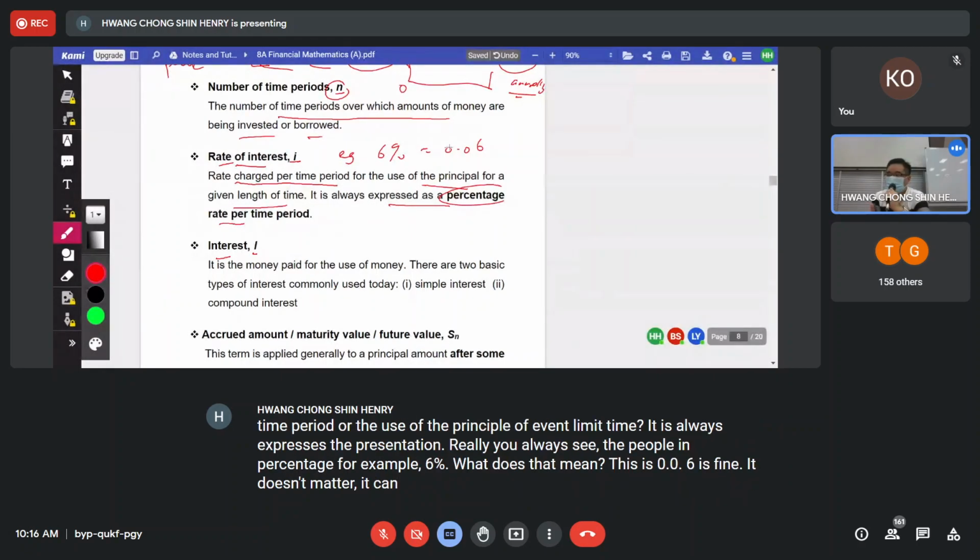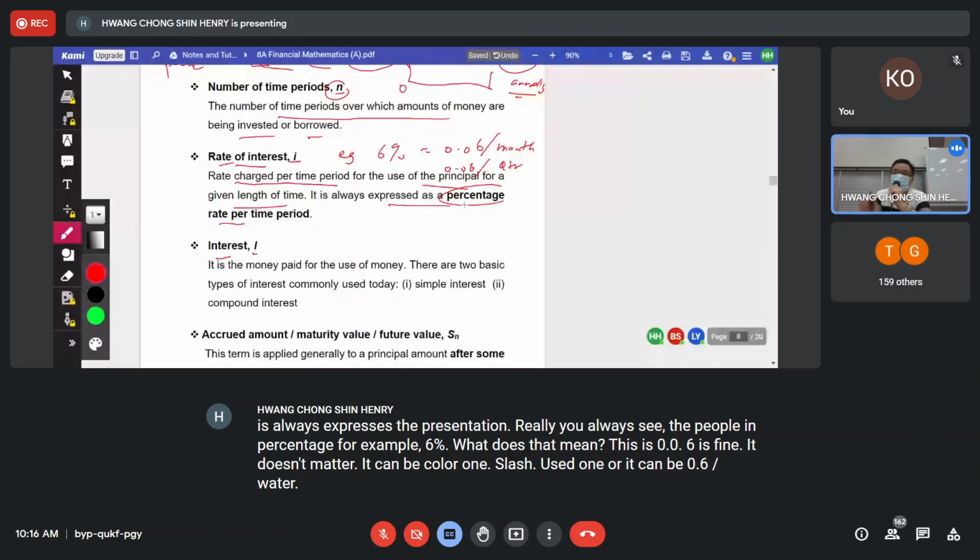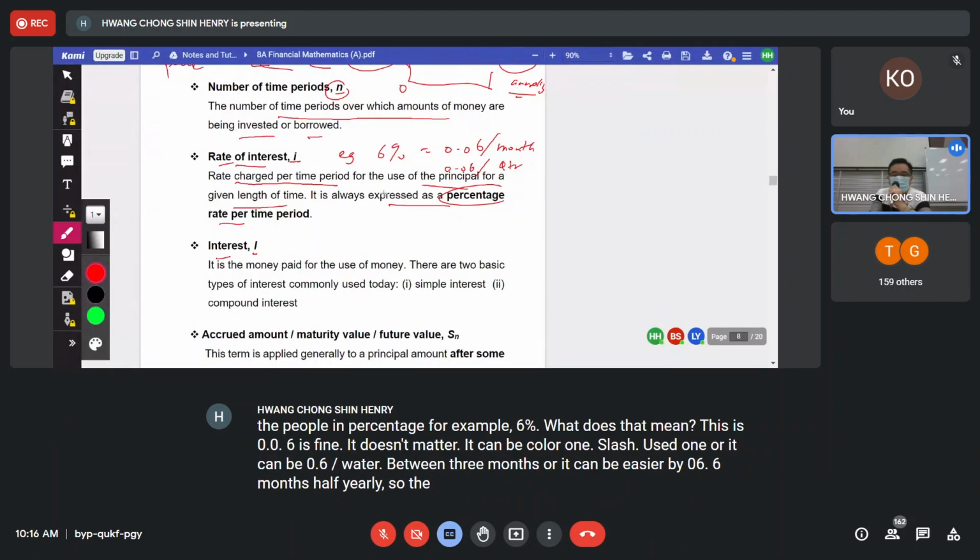It can be 0.06 per month, or it can be 0.06 per quarter, which means 3 months, or it can be 0.06 per 6 months, half yearly. So the period depends on the question.